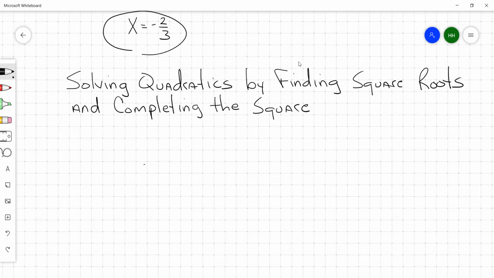All right, first technique, solving by finding square roots.